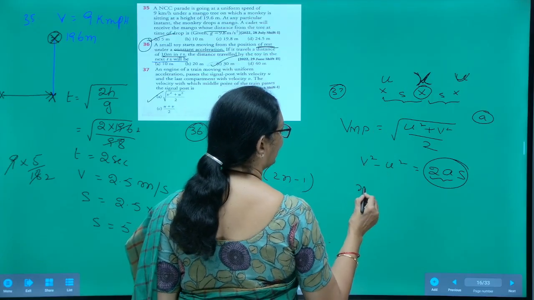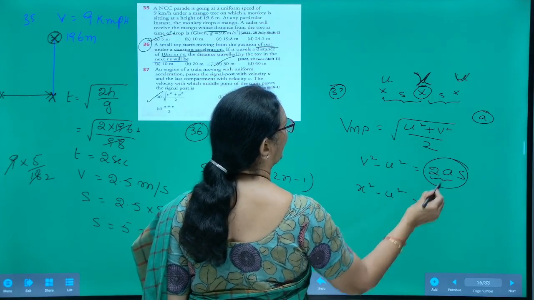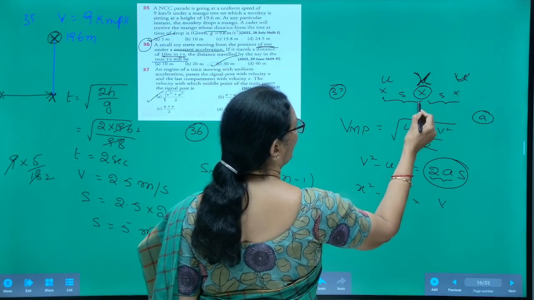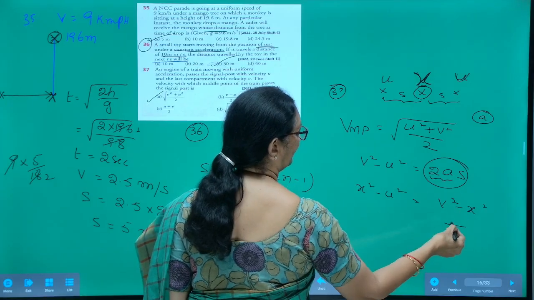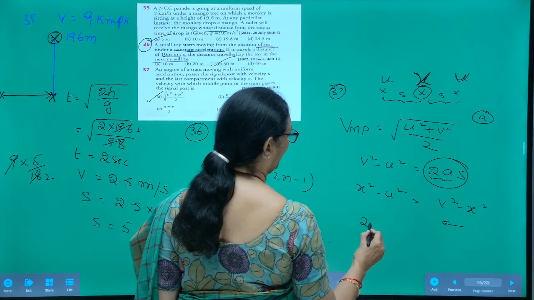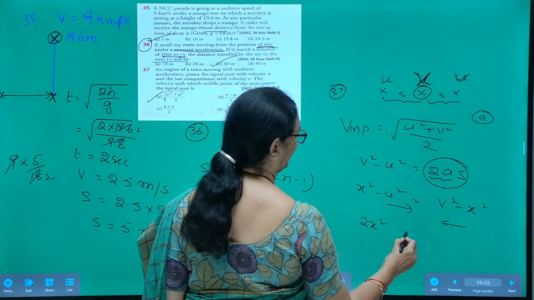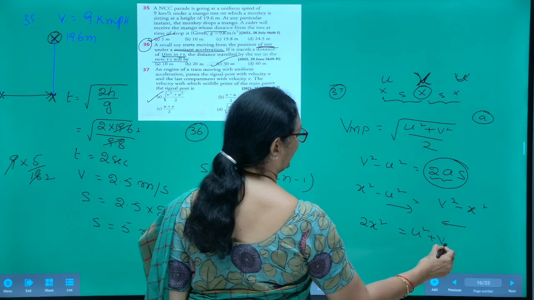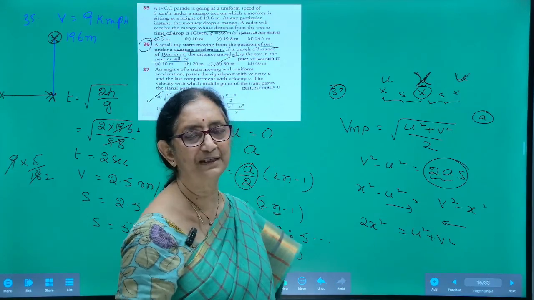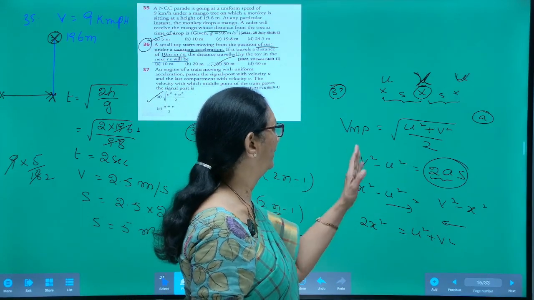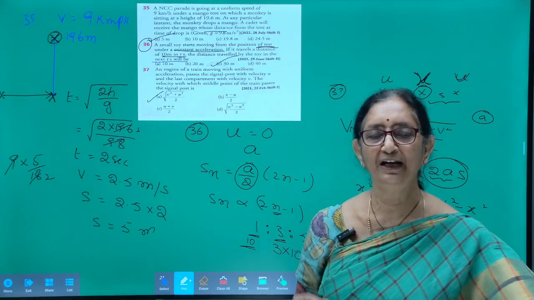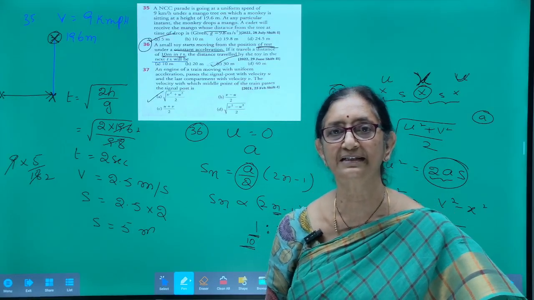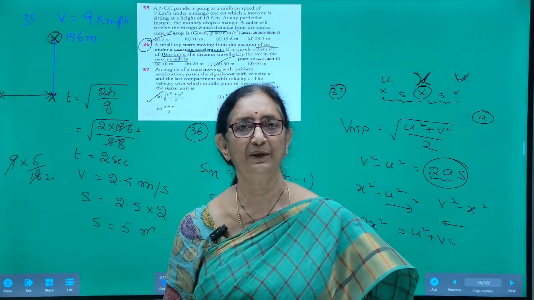So x square minus u square is equal to, if you consider this part of the journey, v square minus x square. If you bring this to this side, 2x square is equal to u square plus v square. x square is (u square plus v square) by 2. x is square root of (u square plus v square) by 2. So the velocity at the midpoint of the journey is square root of (u square plus v square) by 2.